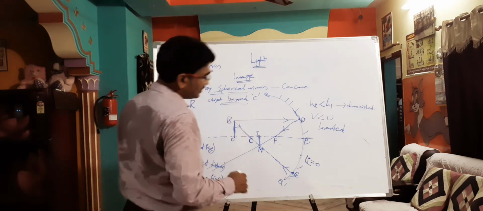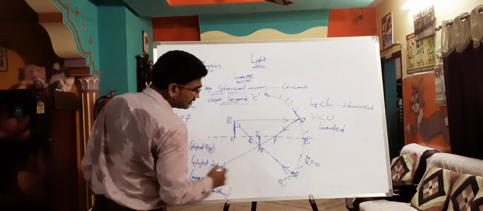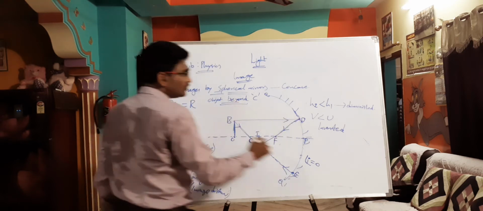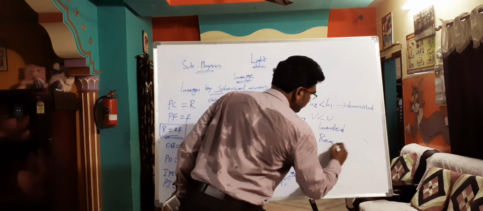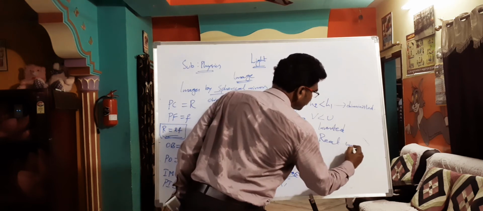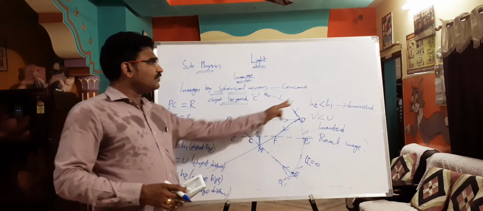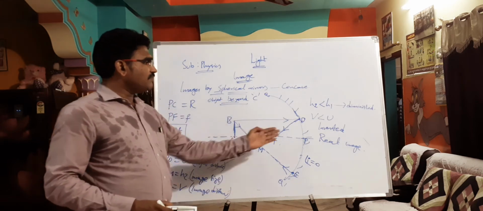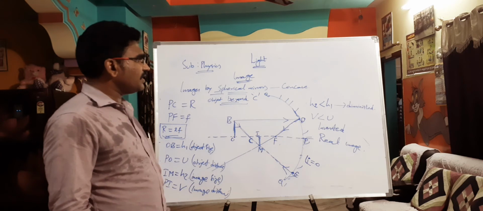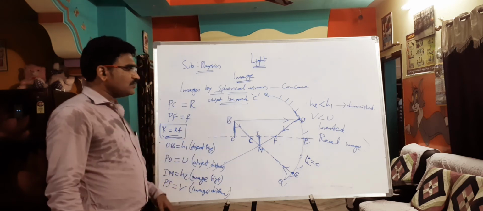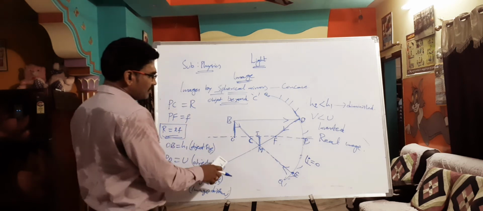Is it a real image? Yes, because this reflected ray and this reflected ray are really meeting. So when the object is beyond C, you are going to get a diminished, inverted, real image. These are the observations you should make. Now we will take another one.